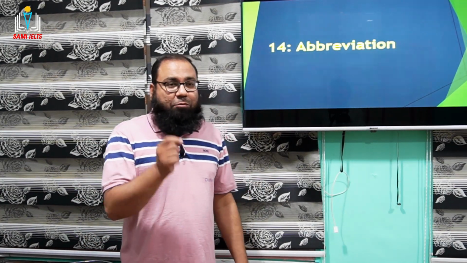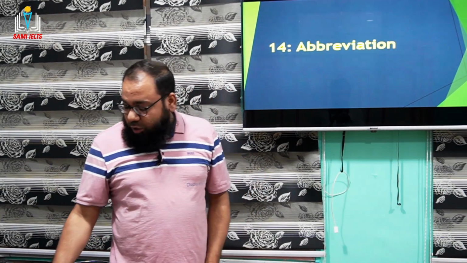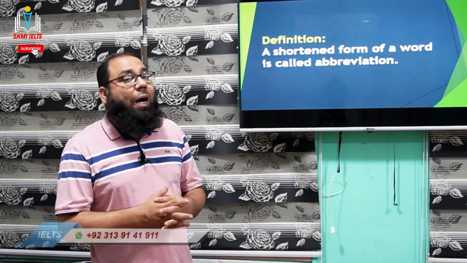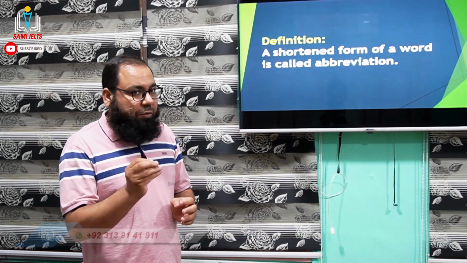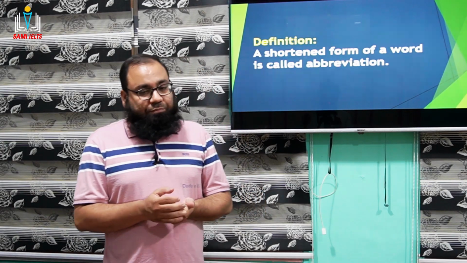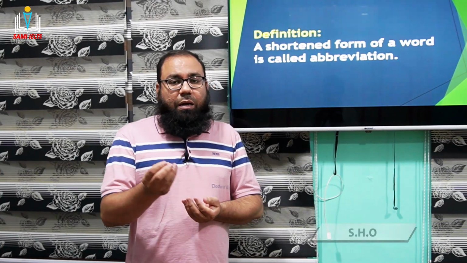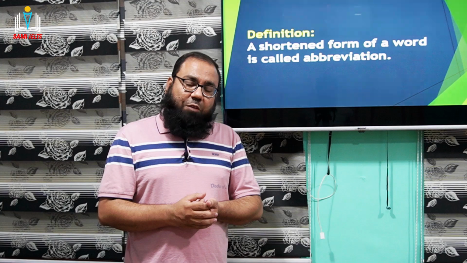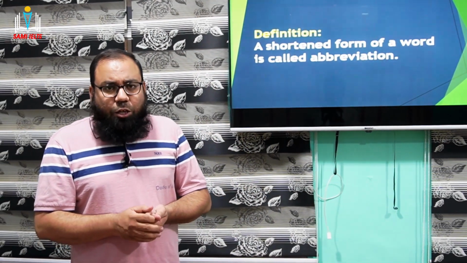First of all, let's discuss what abbreviation is. Look, a shortened form of a word is called abbreviation. A shortened form of a word is called abbreviation. Let me give you one very easy example: SHO, PTI, PMS.